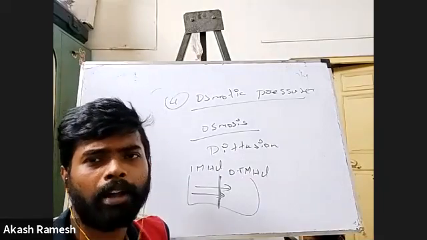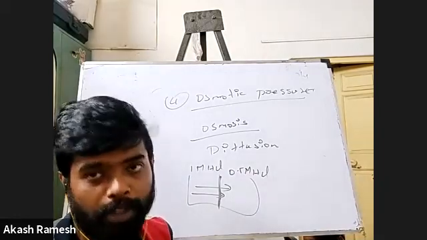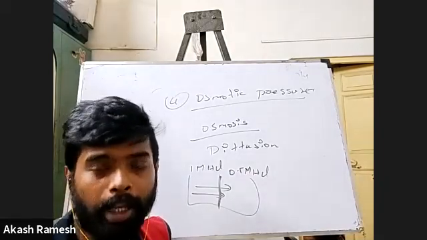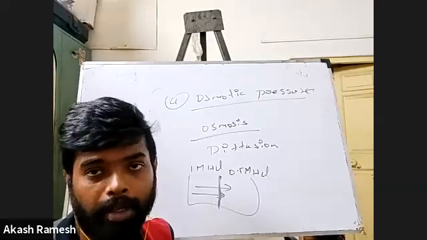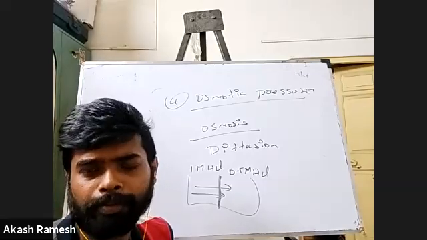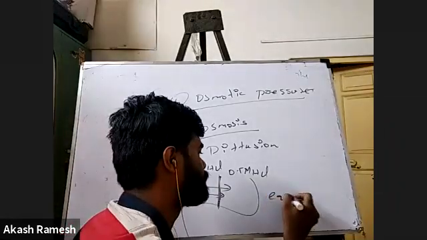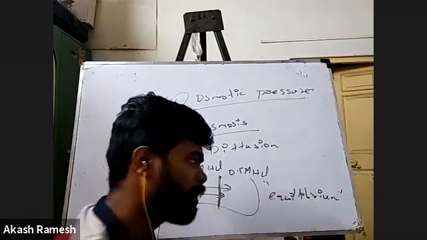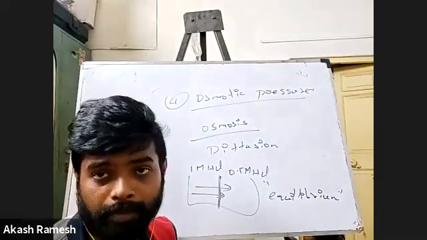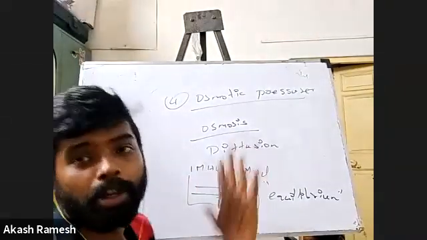They will be able to move through this, whatever the separation. Okay, now first we'll try to understand why in the first place the solvent particles or the solute particles have to move. The reason is to attain equilibrium. We have already studied equilibrium in our 11th class. What do you mean by equilibrium? This side and this side, I should have the same concentration.